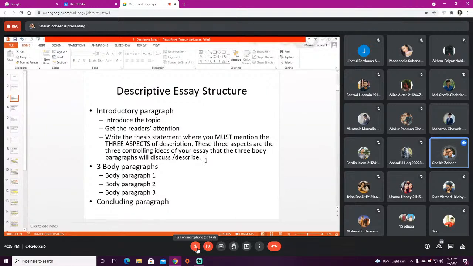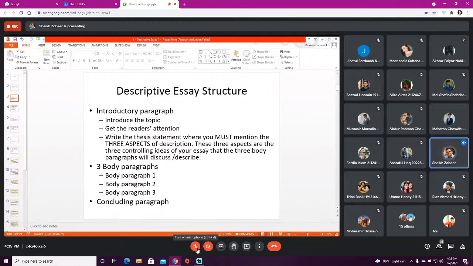For example, if you're describing a person, you might describe that person's habit. Okay, you can start with maybe how that person looks, okay? His appearance, then his habit, and finally his personality. You could pick completely three other different things to describe, all right? But limit it to three. Describe only three aspects, because as you know, structure-wise, you're only allowed to write three body paragraphs.